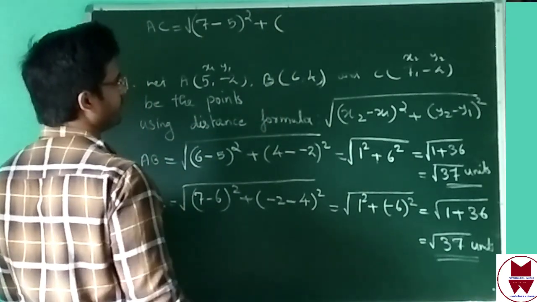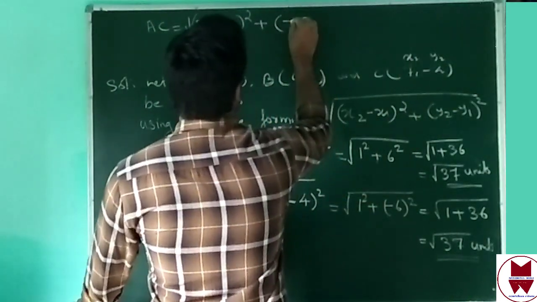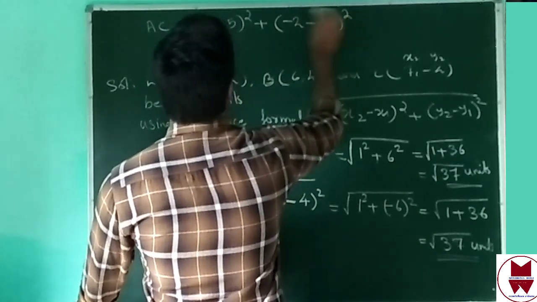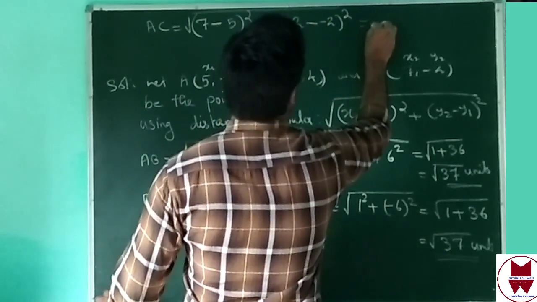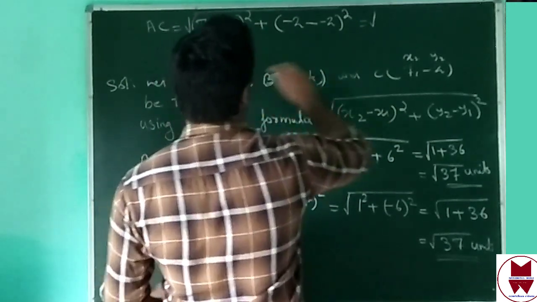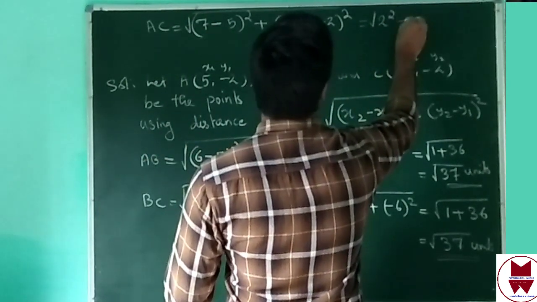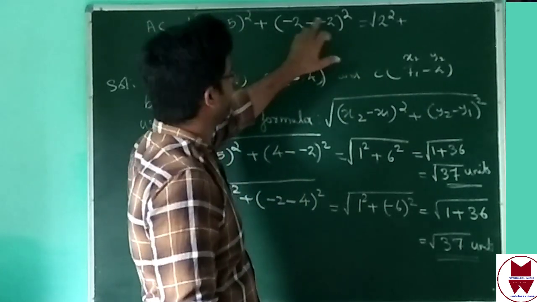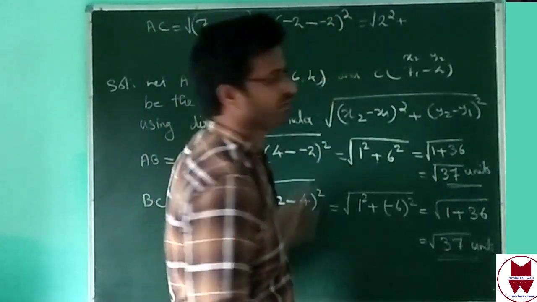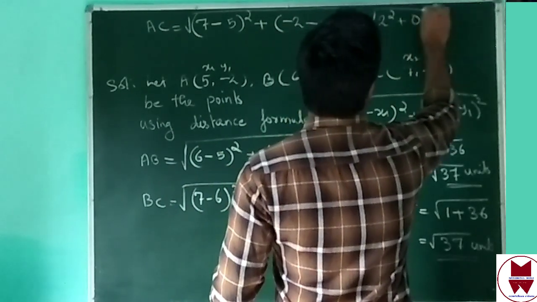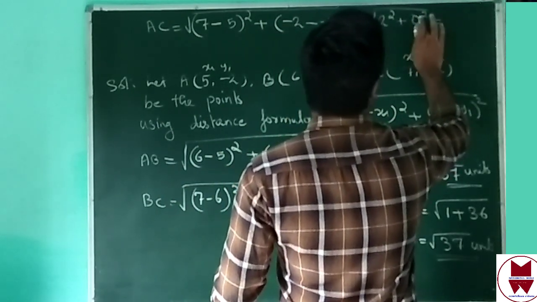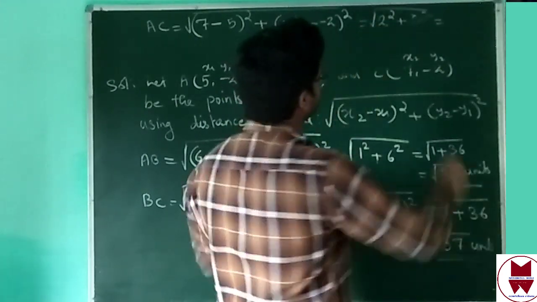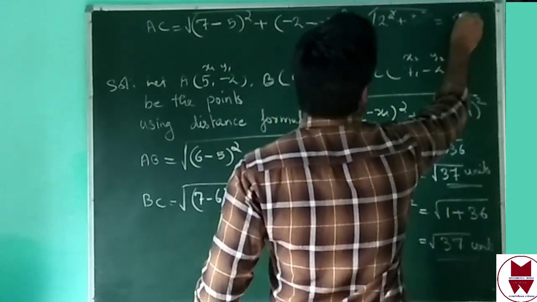Then y2 minus y1. y2 is minus 2, then y1 is minus 2. Square root of (7 minus 5), 2 square. Then what will you get here? Minus into minus is plus, isn't it? Minus 2 plus 2 is 0. Square of 0, no need to write that. Root 2 square. Square and square root cancel, answer 2.